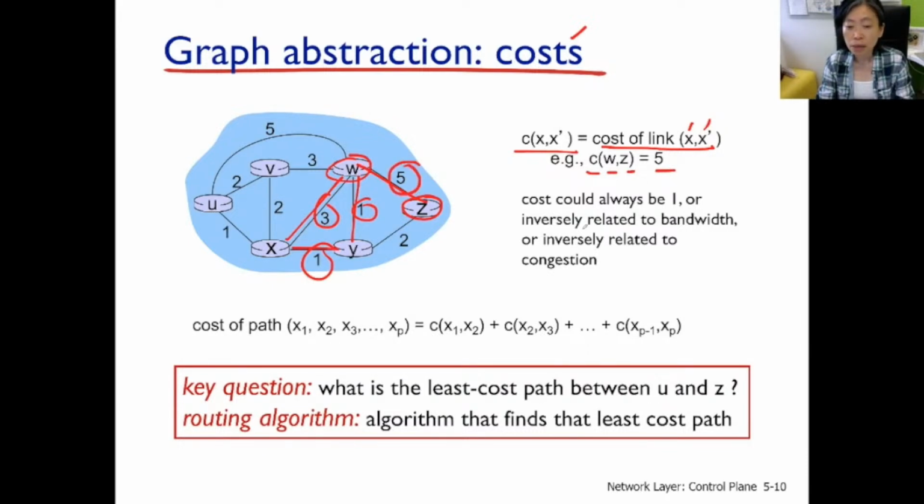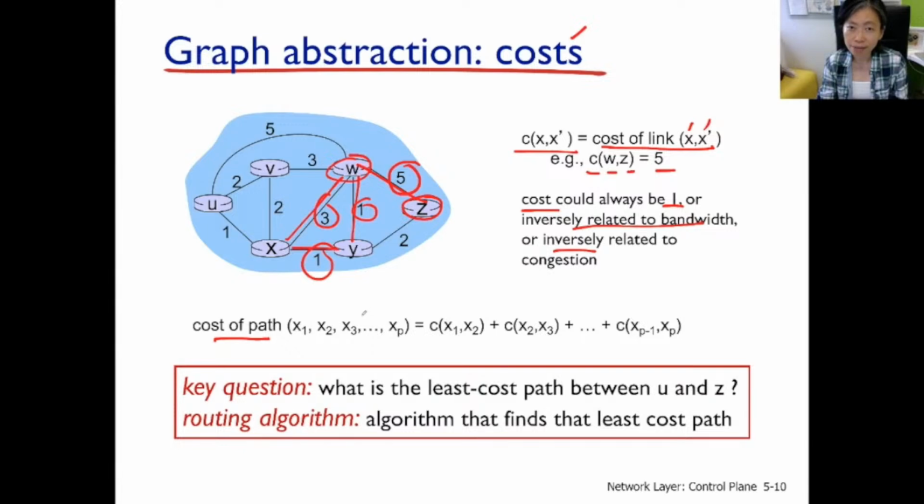That cost can be set in a variety of ways. For example, set it as the inverse of the bandwidth available. You can also set it to the inverse of the traffic level. You could also set it simply to a constant, such as 1. Every link costs the same, 1. So that is link cost.